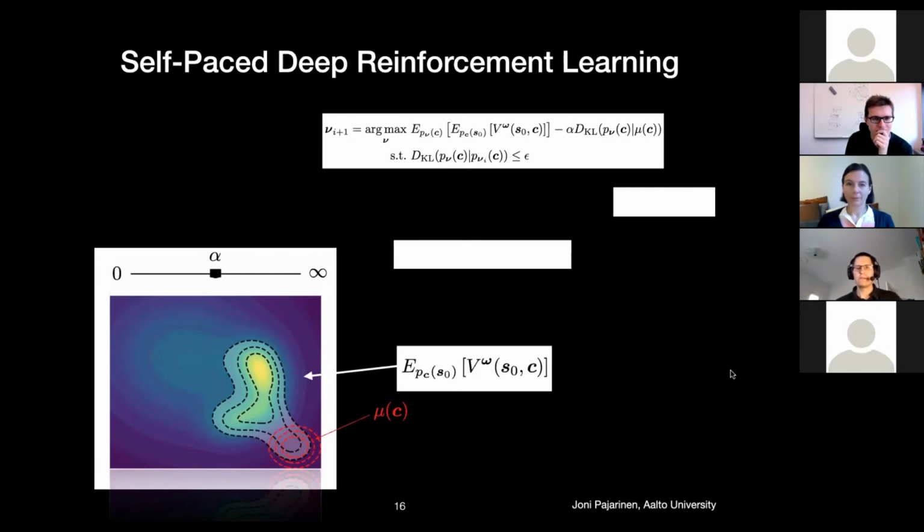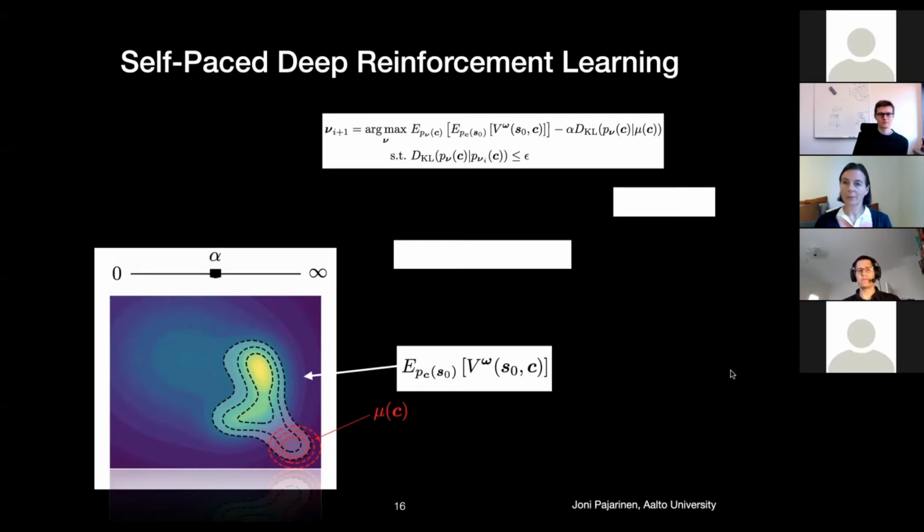So in this case, let's start looking at this slide from the top. On the top, we have this optimization objective where we maximize the value function. And then we have a KL divergence between the current context distribution P and the desired context distribution mu.